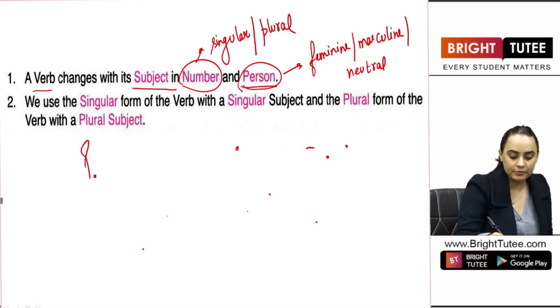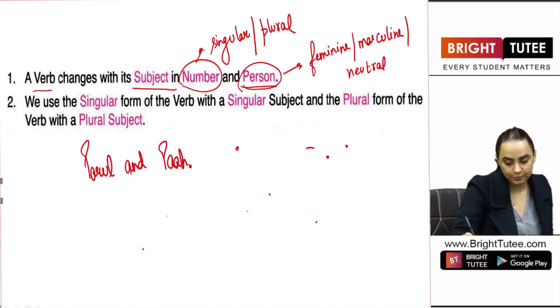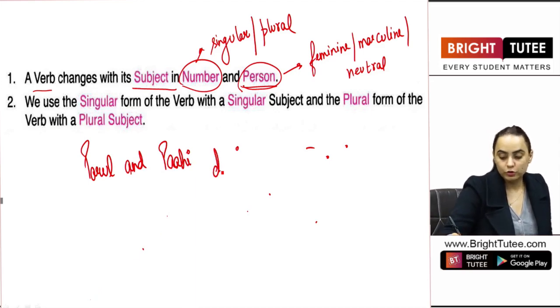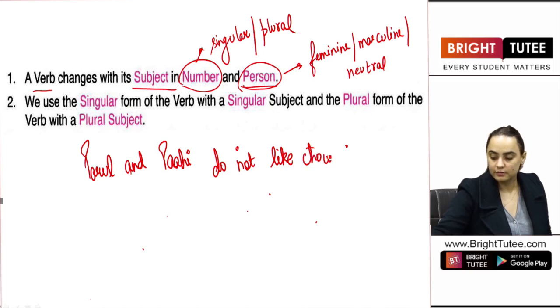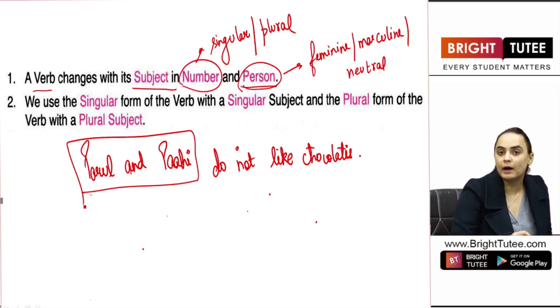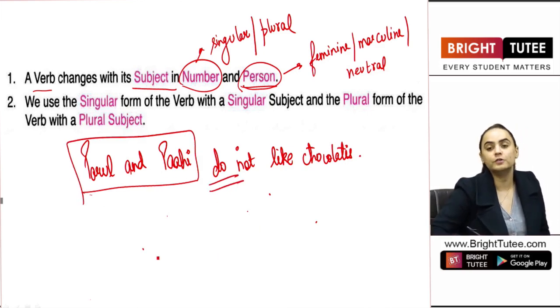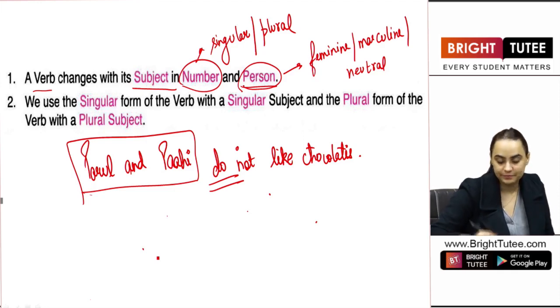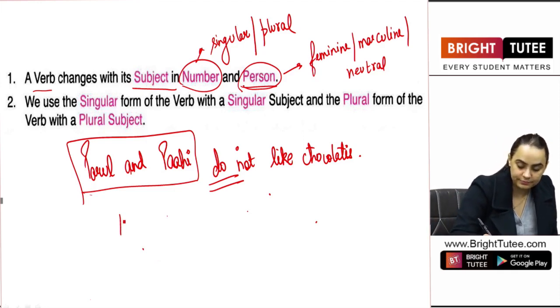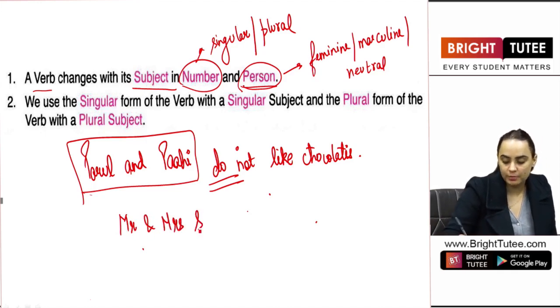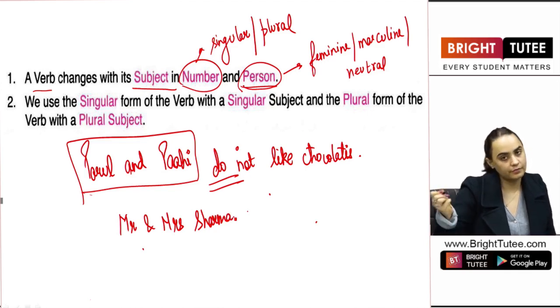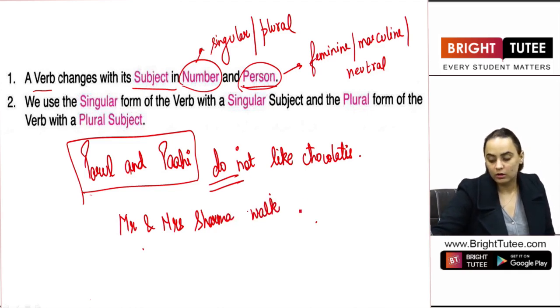So if I say Parul and Pahi do not like chocolates. Here my subject is plural, Parul and Pahi, and therefore I have used do and not does. Similarly, if I say Mr. and Mrs. Sharma walk a lot.